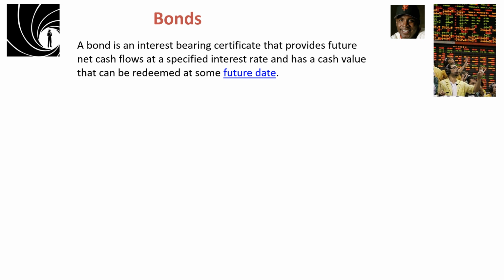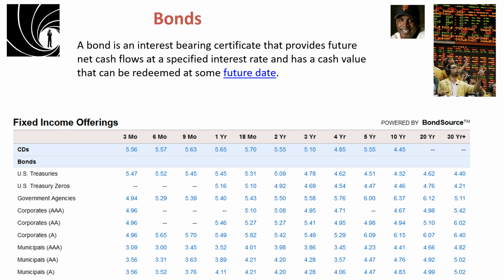That's the most typical kind of bond. There are other variations, such as zero coupon bonds, where you don't earn the periodic interest and you just get a single lump sum at the end of the bond's life. But most typically, bonds have two pieces to them. And we're going to be talking about how you calculate the value of a bond.